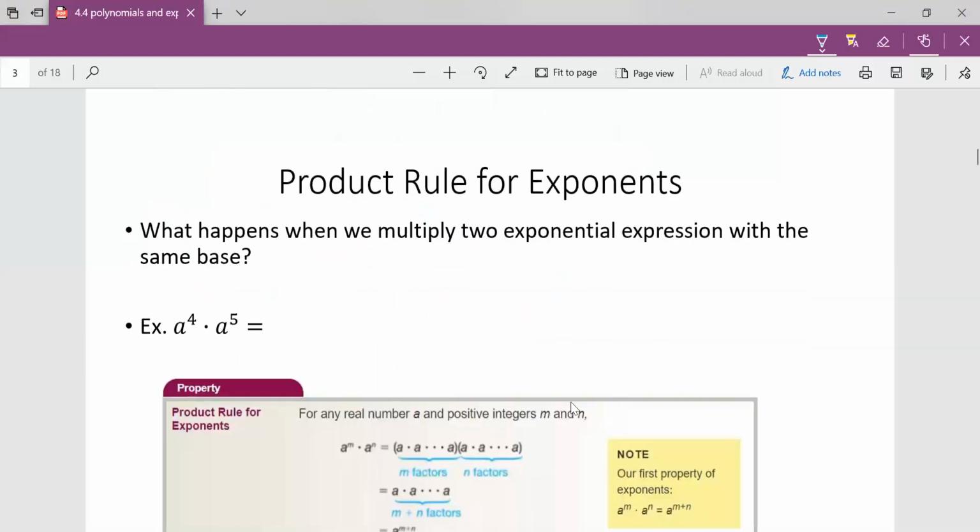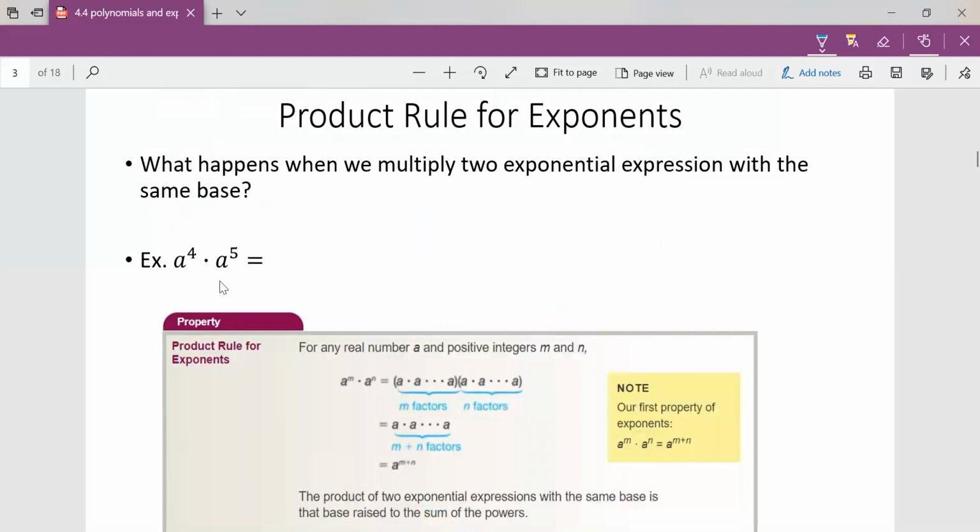Okay. So the product rule. We have this example, a to the 4th times a to the 5th. Well, what does that equal? If I have a to the 4th, that's the same as writing a times a times a times a. And then a to the 5th is times 1, 2, 3, 4, 5 more a's. If you do all those out, then you get a to the 9th power.